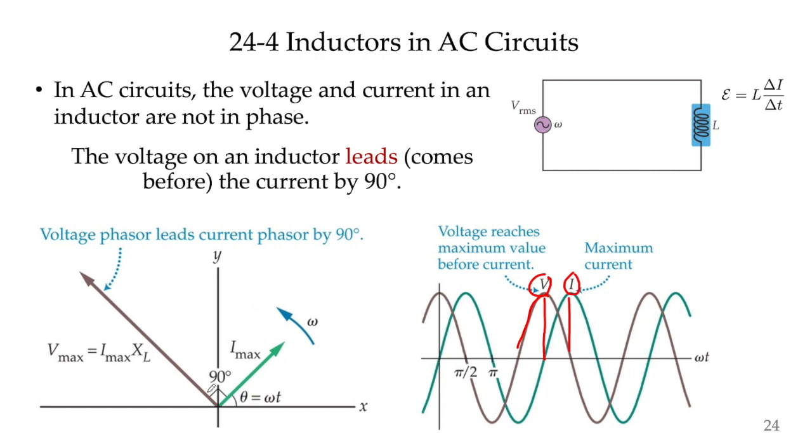But the point here is the voltage on the inductor is 90 degrees. It's basically now the current is 90 degrees behind the voltage on the inductor. You can see it in the sine waves, or you can look at the phasor diagram.